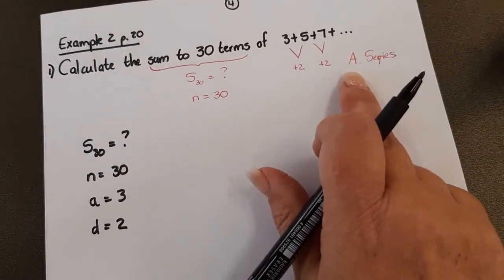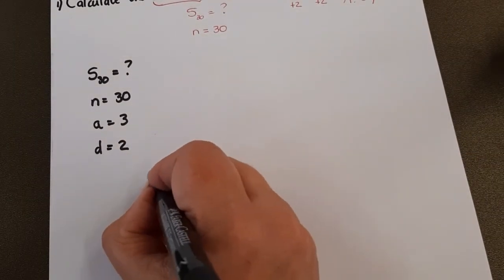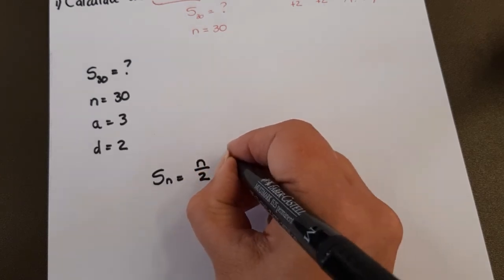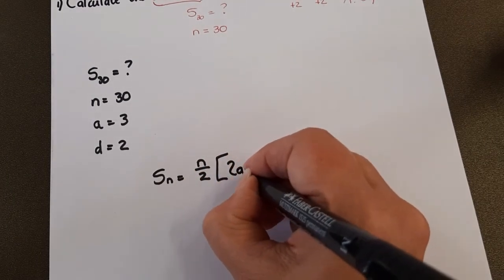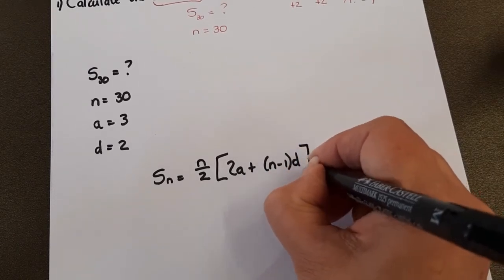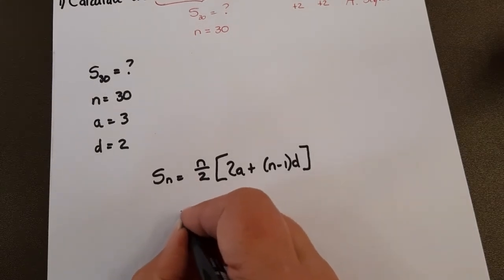Because it's an arithmetic series, we can use the sum formula for the arithmetic series. It's n over 2 times (2a plus (n minus 1) times d), close the bracket. And you just substitute all the values.